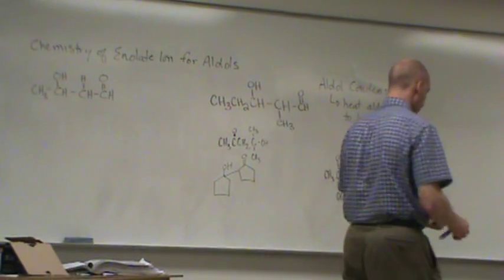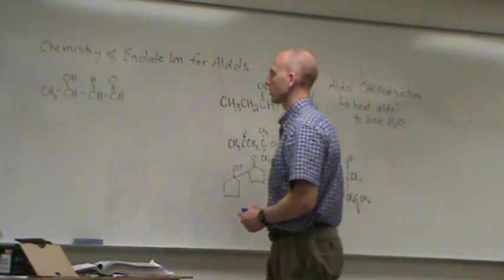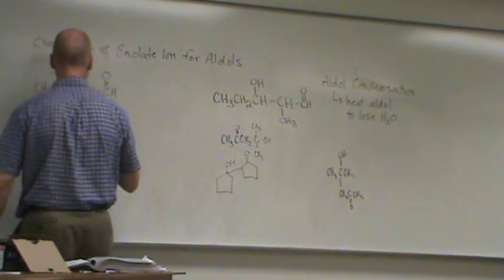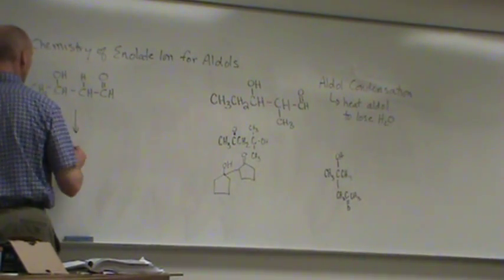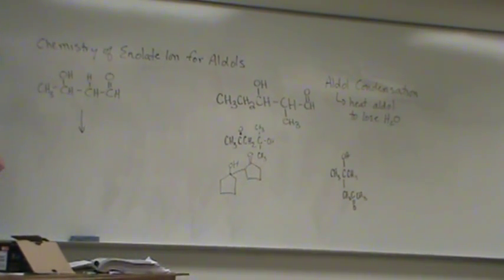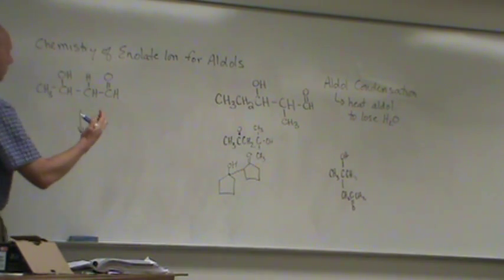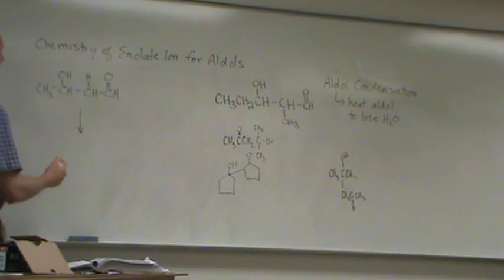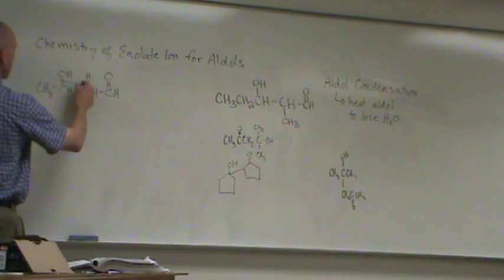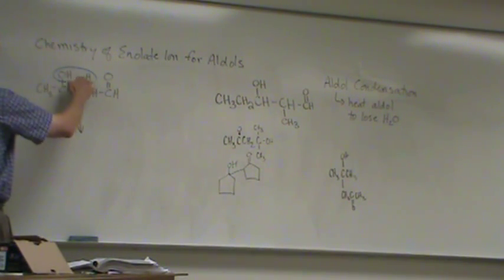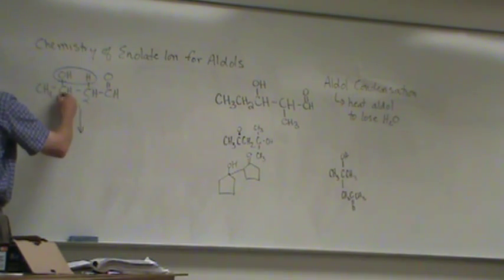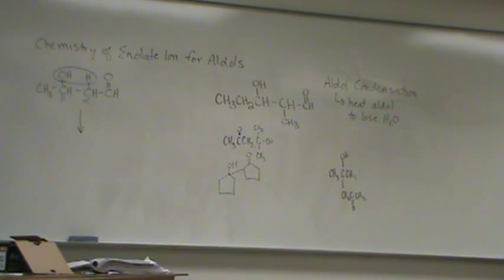What happens is when you heat the aldol, it condenses, which means it loses water. Here we lose water across the alpha and beta carbon.